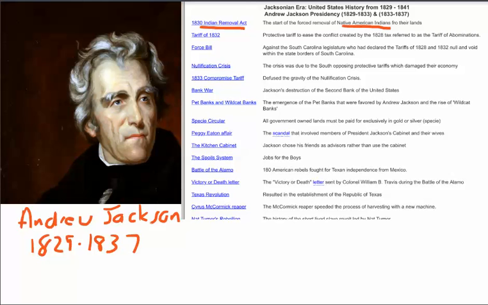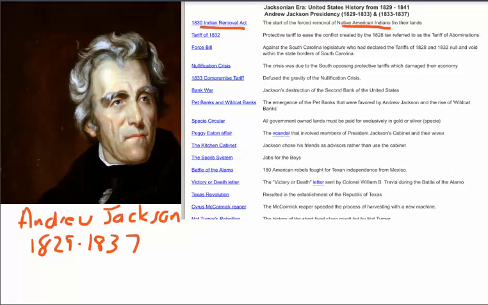Certainly it was to get the Native Americans' land so white settlers could have it. But some scholars also say he did it in order to save them, because the white settlers would have expanded continually and fought with the Native Americans and taken their land and perhaps eliminated them for good.